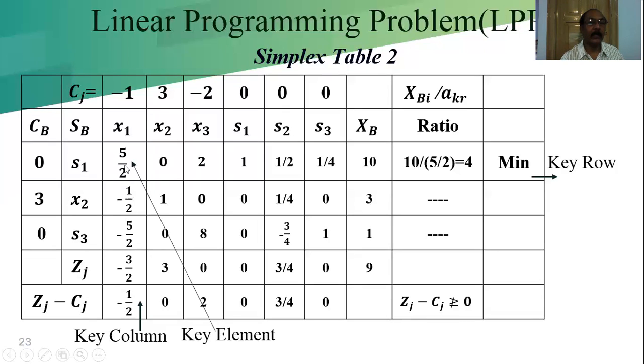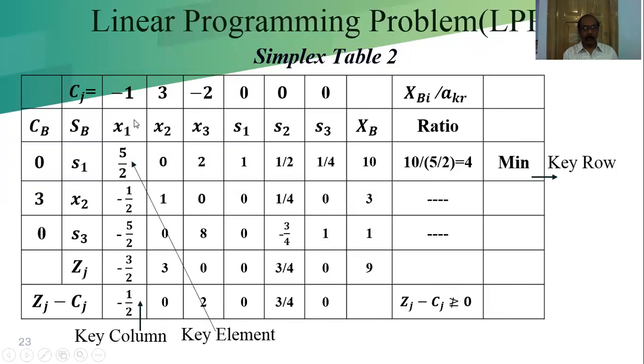Now with the help of that we have to calculate the ZJ, calculation values are here, and ZJ minus CJ. So minus 3 by 2 minus of 1 means plus 1. And all other entries are the 0 in this table. All entries ZJ minus CJ are not greater than or equal to 0, so this is not our optimum table. Where is the negative value? ZJ minus CJ, only one entry is there, minus half, it is corresponding to the X1.